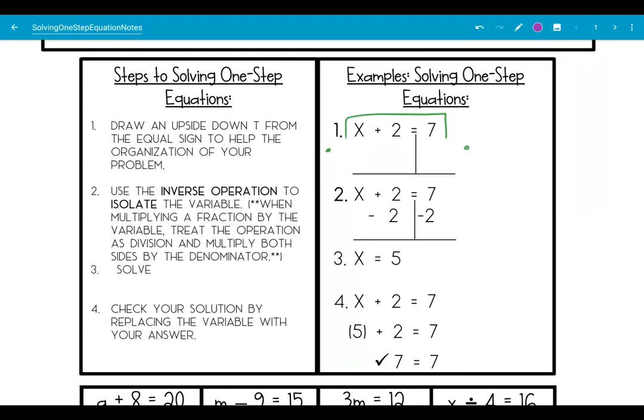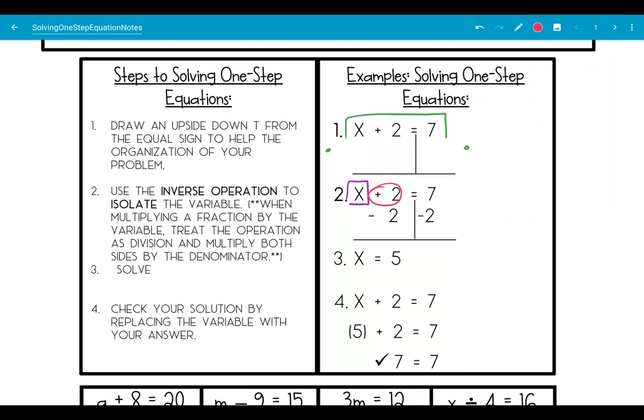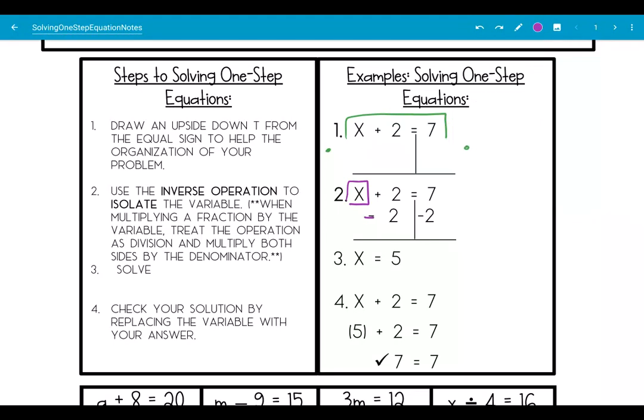We see in this equation that our variable x is being added by 2. So we need to think, what undoes addition? Subtraction. Take important note that our example is showing us that we subtract 2 on both sides of the equal sign, to keep it balanced. 2 minus 2 is 0, so that cancels out.